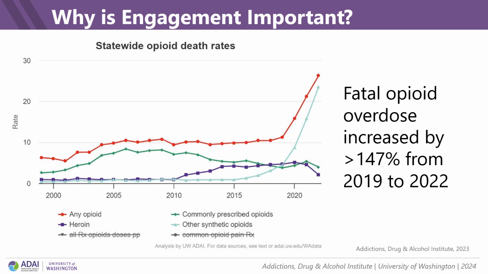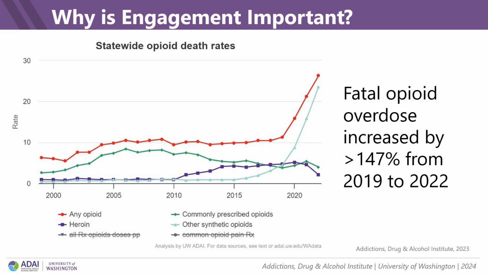And the driving factor behind that death rate is synthetic opioids, which includes fentanyl, and that's the minty green, light blue line that's really mirroring the red line, heading in the upward direction. So what we know is that this surge in opioid overdose deaths is due to the high prevalence of unregulated fentanyl in the drug supply.